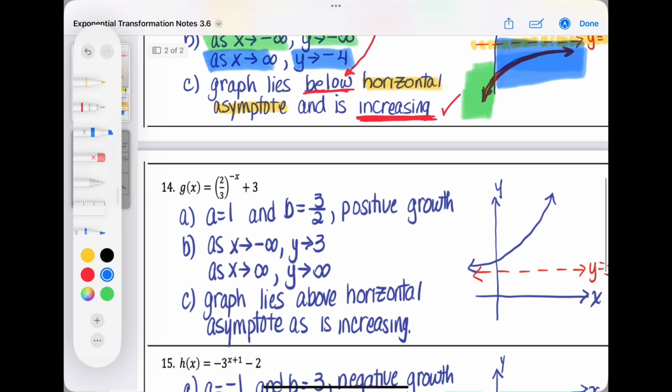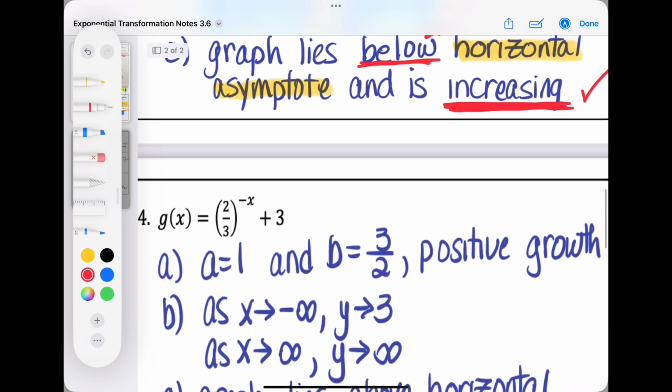Let's continue. All right, 14. In classroom, we have a good discussion, right? It's all about the base. My base is 2/3. Now, you may say that I see something, the power is negative. Very good. So remember what we call the exponential property. Remember, when we say 2 to the -1, can you rewrite that?